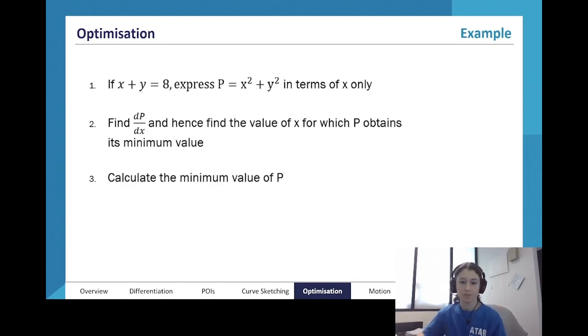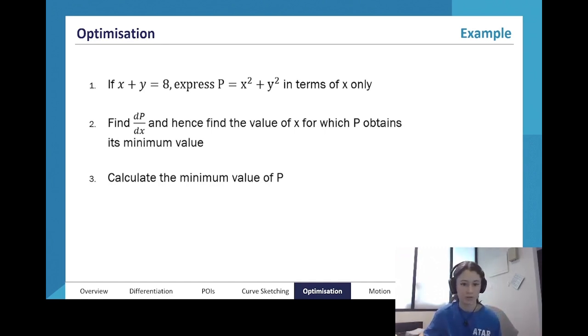So here we have a very basic optimization question. It's not worded, it's purely in maths, but it's still a little bit more difficult because we need to create our equation ourselves. Now, a typical thing that you're going to see in optimization questions is you will be able to express things in terms of two equations, but both of those equations will have unknowns in them.